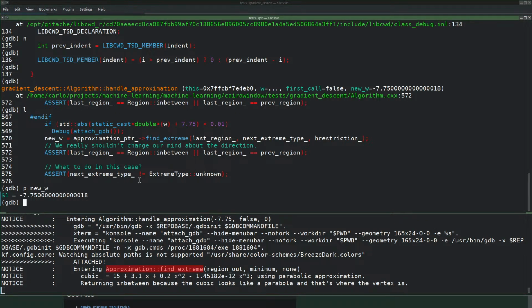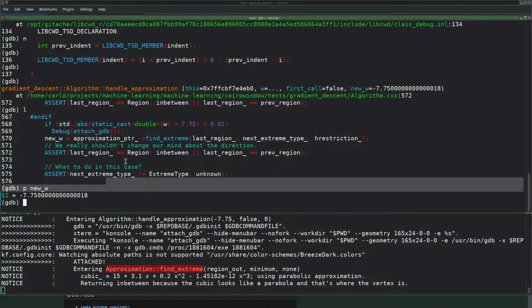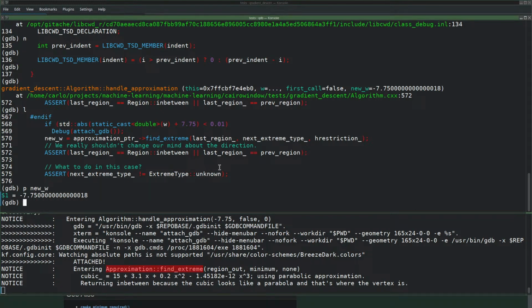Well, it returns the minimum. So the next extreme type is still minimum here. Find the minimum. Yep, and it returns where that minimum is, which is here. And then the question is, is this new W going to be used to determine that we actually reach the minimum?